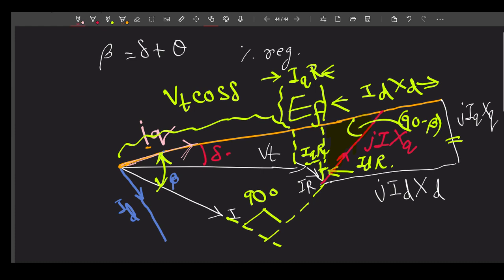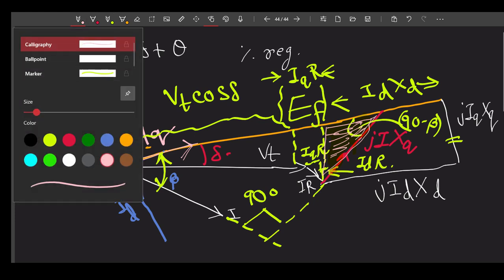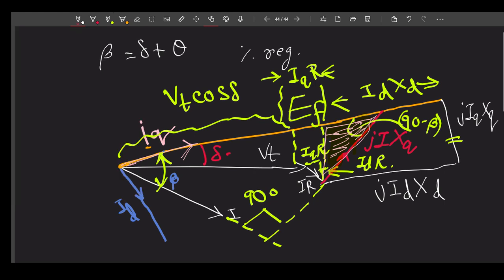If you consider this triangle, this is a right angle triangle. Now what is the hypotenuse of this right angle triangle? That is IXq.